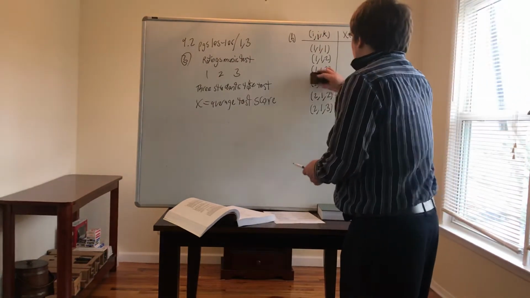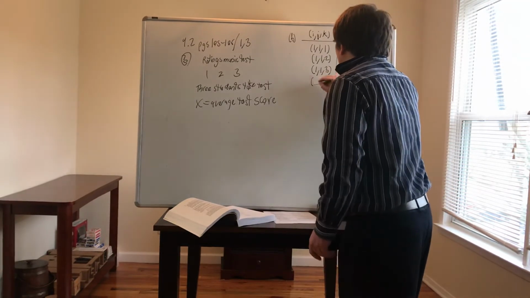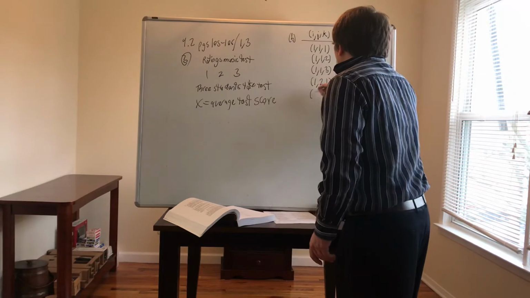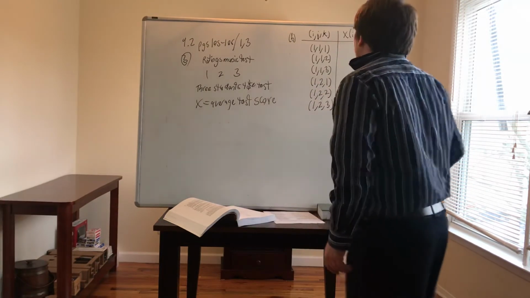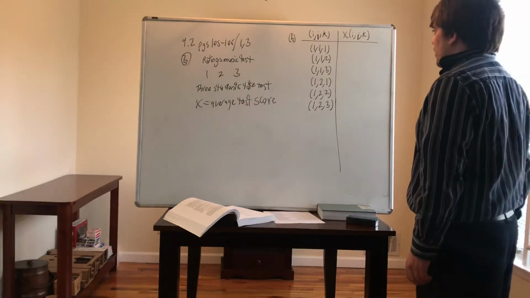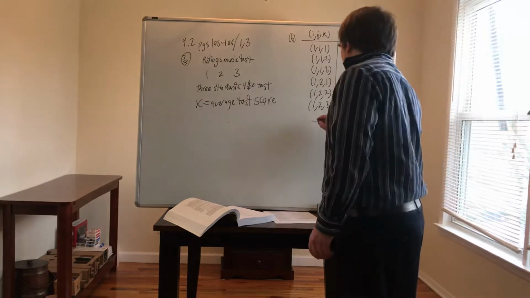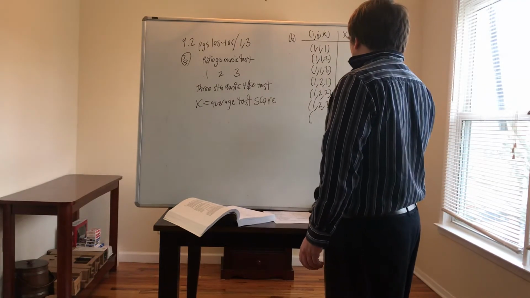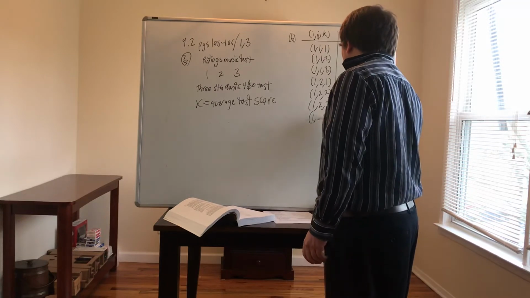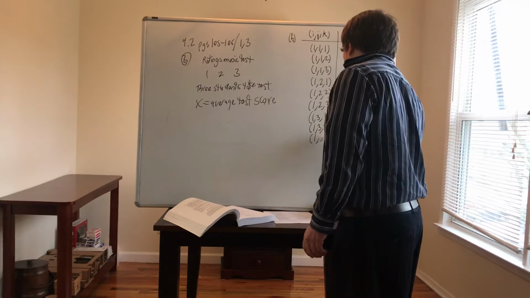Oh, wait. Sorry. 1, 2, 1, 2, 2, 1, 2, 3. 3, 9, 27. Okay. And then this is going to be 1, 3, 1, 1, 3, 2, 1, 3, 3.